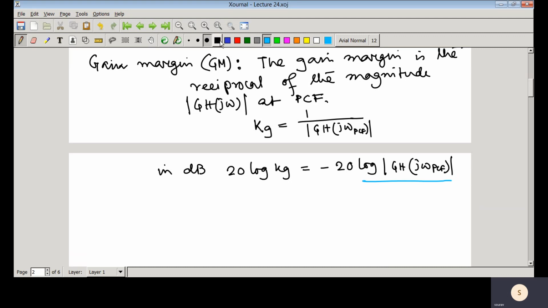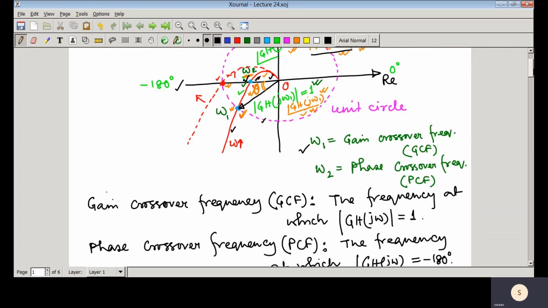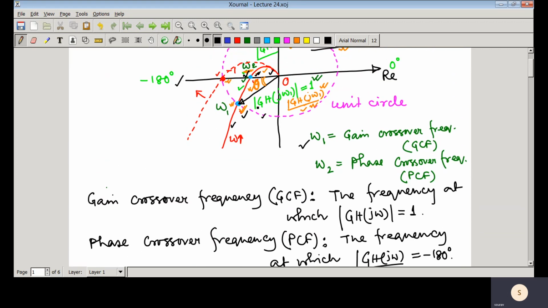So now let us see what is phase margin. Phase margin is abbreviated as PM. So here at omega equal to omega 1, that is actually the gain crossover frequency, whenever you calculate that gain, it would be equal to 1, and this is that phase, theta.